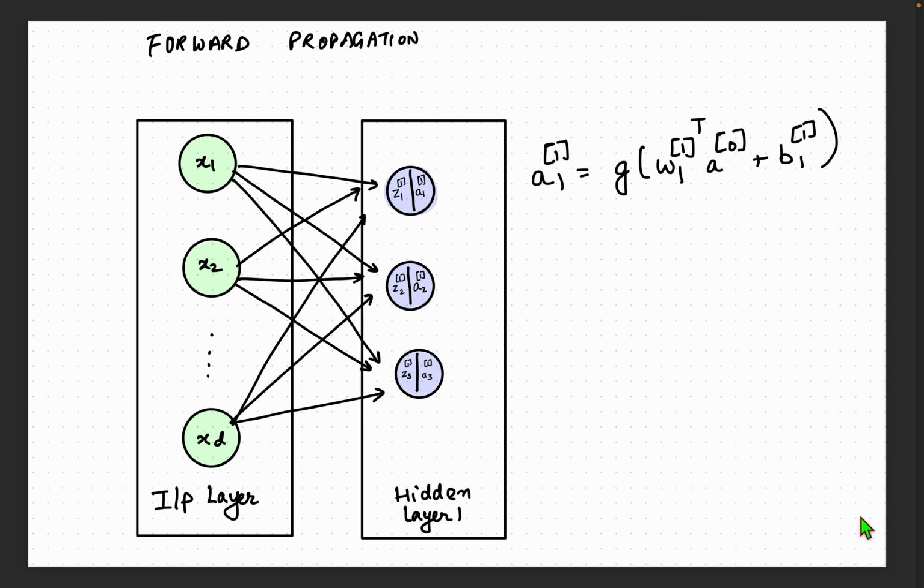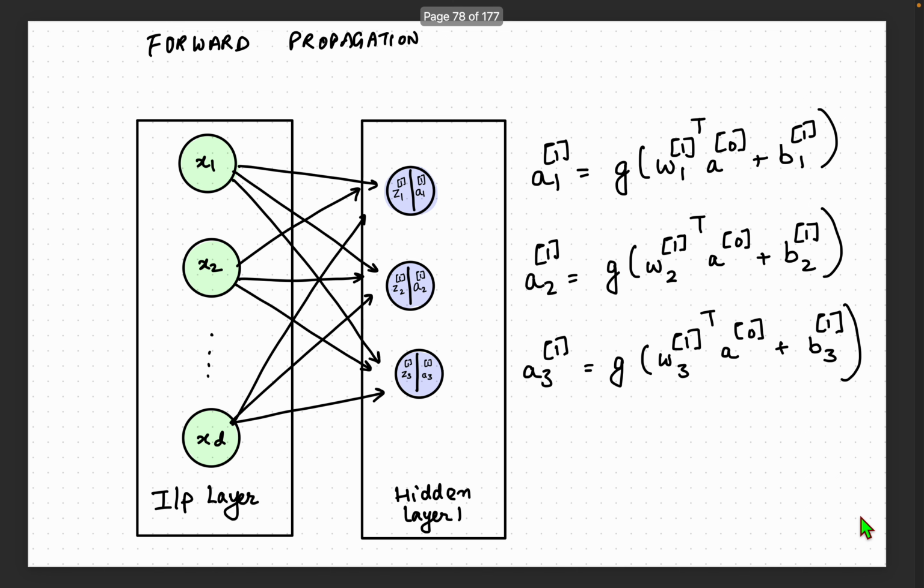Okay, so we have now seen it for a single node. Now we are going to expand this for multiple nodes. So on the screen now I have shown it for all three nodes of the first layer. If you closely see the differences between these three equations, on the left hand side you can see that the subscript has changed, A1, A2, A3, right? Which denotes the node number as we have discussed.